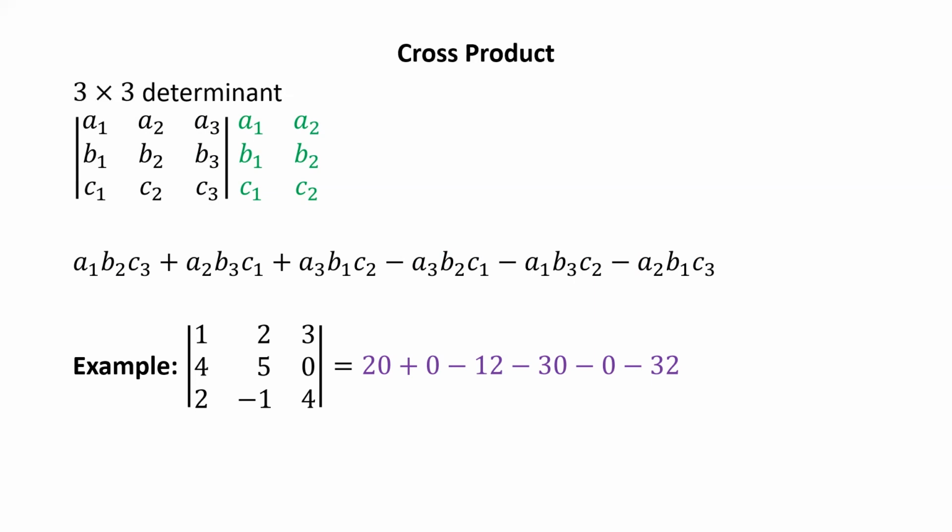Now going backwards, we have 3 times 5 times 2 is 30. We're subtracting that one. And then we have 1 times 0 times -1 is 0. And finally, 2 times 4 times 4 is 32. And again, we're subtracting that one. Combine all these numbers to get the answer of -54.